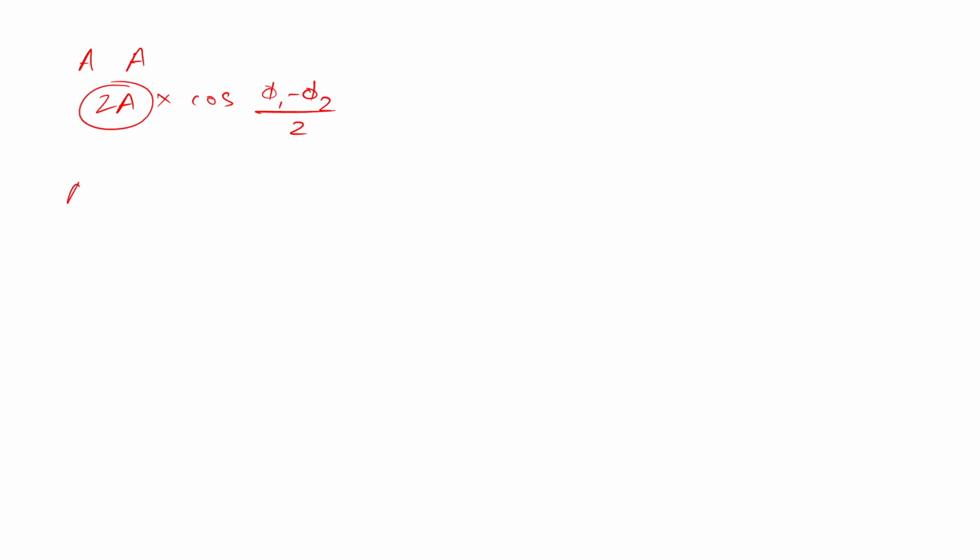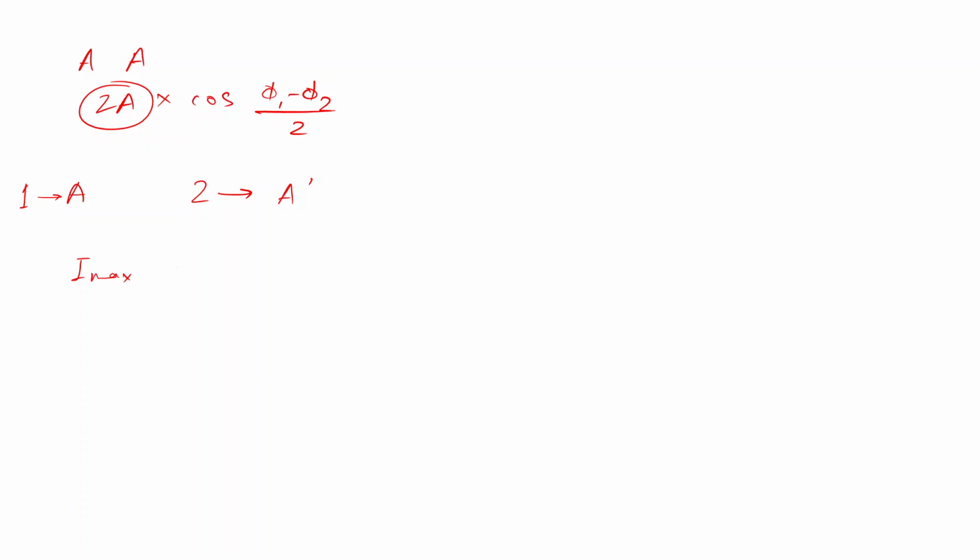If we have two different amplitudes, say wave 1 has amplitude a and wave 2 has amplitude a prime, then the maximum and minimum amplitudes will be like this.